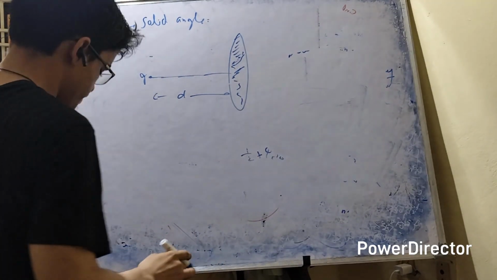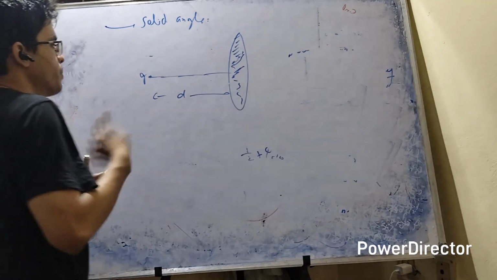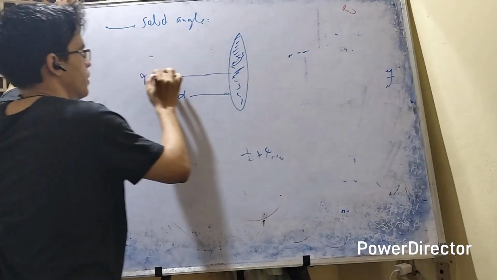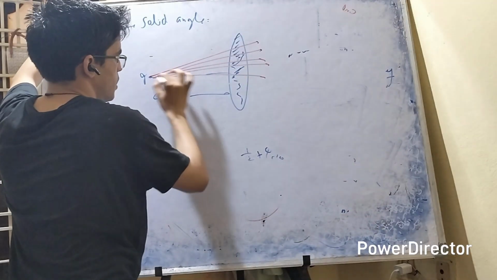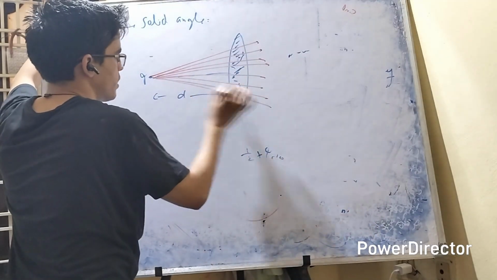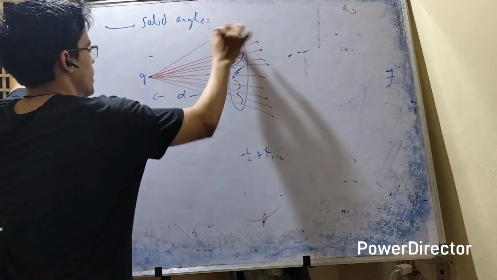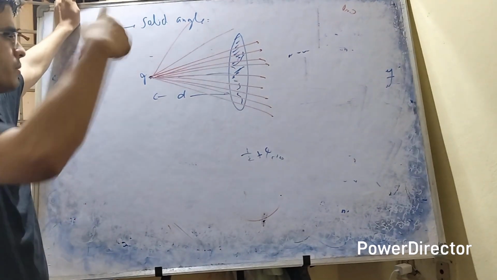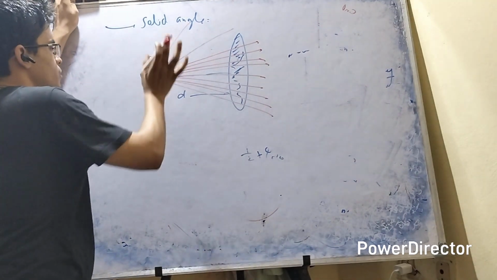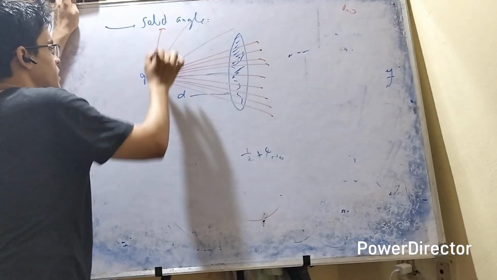Due to this charge, flux will pass through every direction, like here also, here also, here also. As I already told, due to a point charge, flux will be spherical, meaning electric lines will go in a closed sphere.